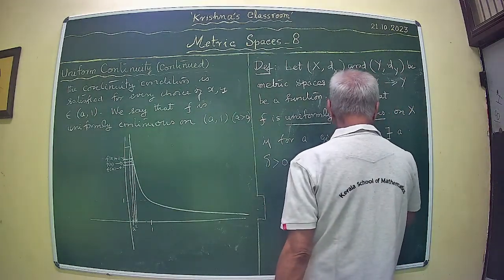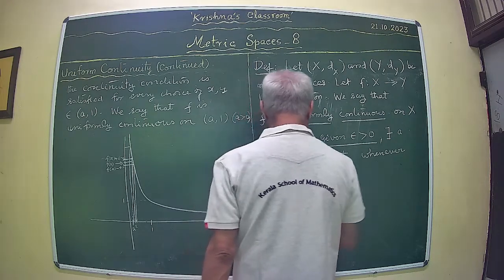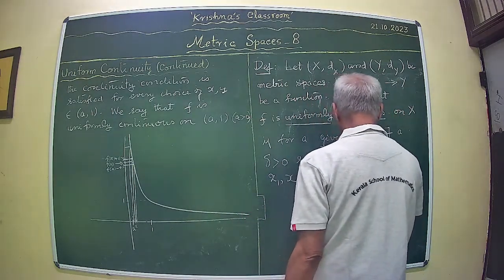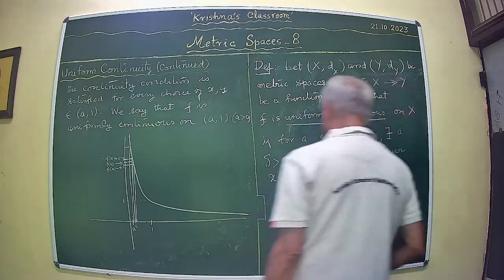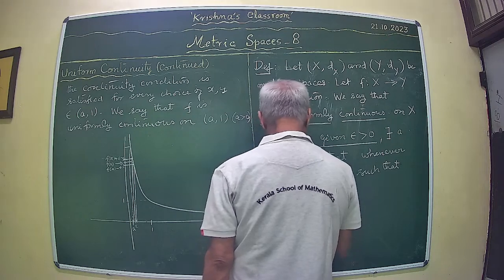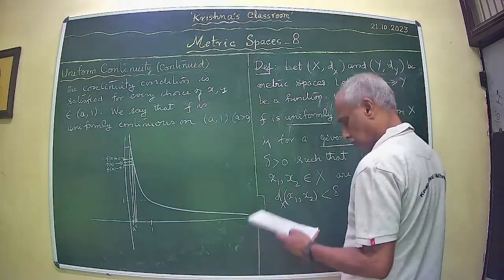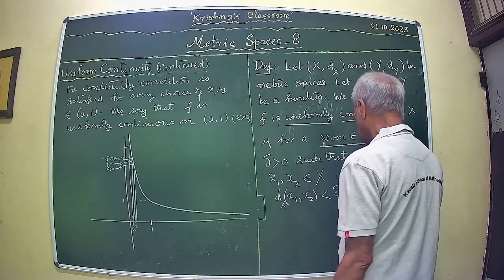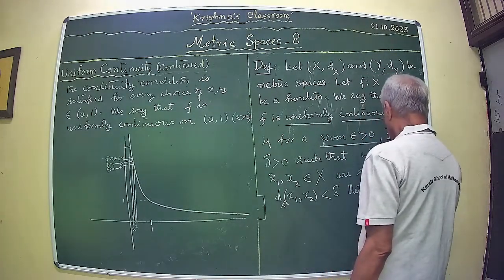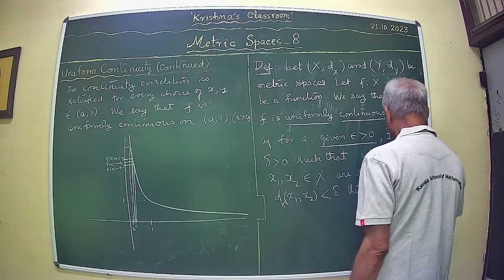whenever x1 and x2 are such that d_X of x1, x2 is less than delta, then d_Y of f(x1), f(x2) is less than epsilon.